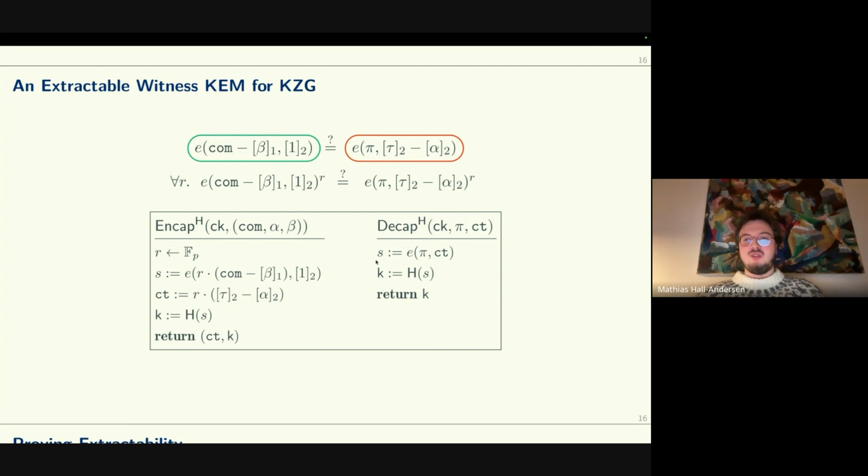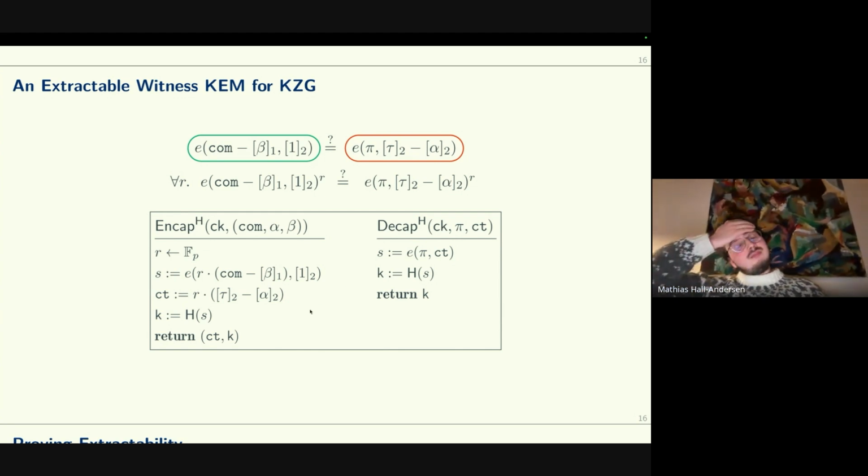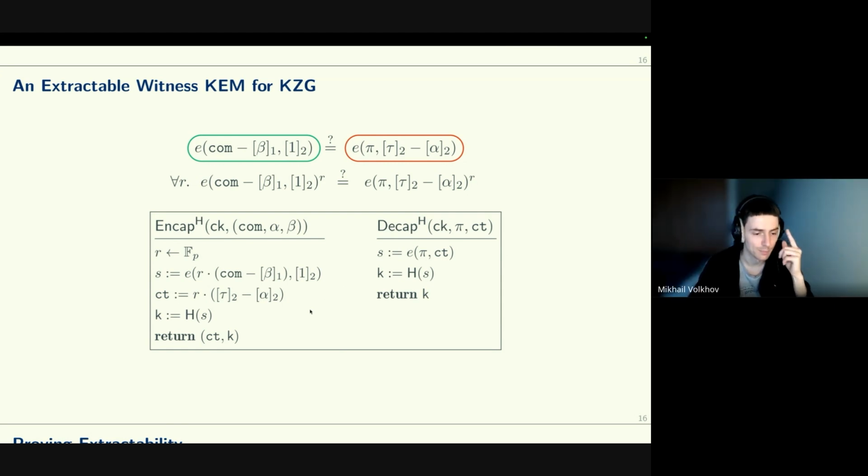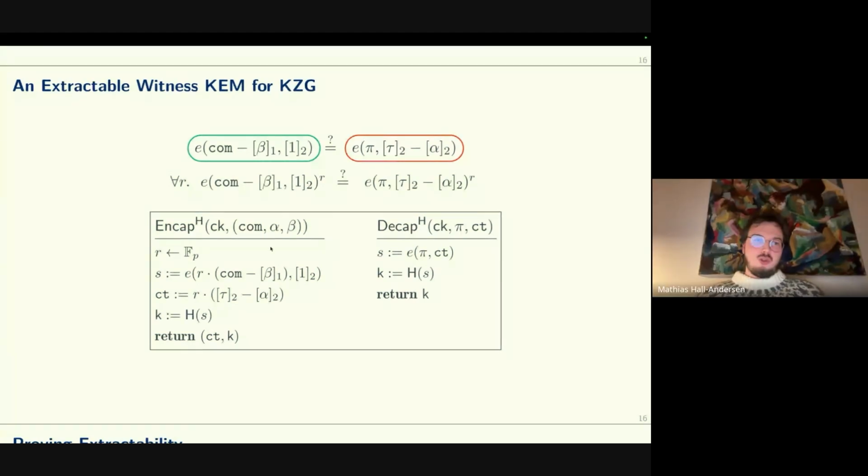Obviously, if you know pi, you can compute this pairing and you're golden. But if you don't know pi, then you should only be able to do it with negligible probability. Okay, that makes sense. So you create the ciphertext and a K at the same time, and you cannot recover one from another. They're like two independent elements, unless you have the proof, in which case you can tell whether they are related or not. It's kind of like a functionality that encrypts a random message, and then you can use that random message as your key. Yeah. Okay.